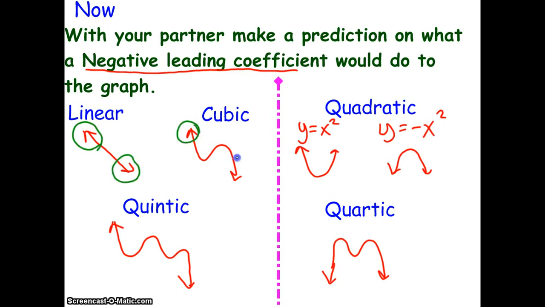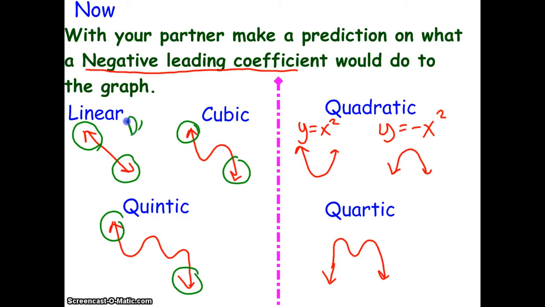Notice that all the ones on the left, the linear, cubic, quintic, they all have the same end behavior. What do you guys know about these functions? What about their degrees? They have odd degrees, x to the first, x to the third, x to the fifth. So all odd degree functions have the same behavior at the ends.